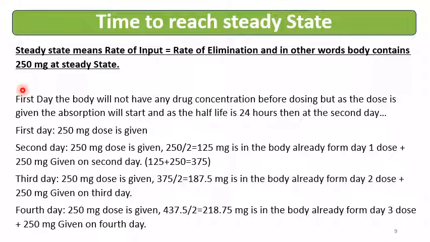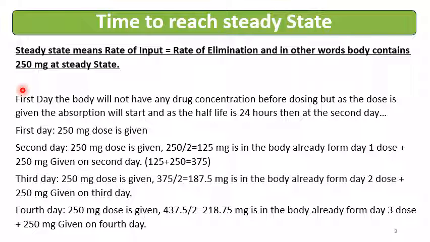At that time the subject's body will not have any of the drug, because you are administering the drug for the very first time. Once the dose is given, the absorption will start and the half-life is 24 hours. Then on the second day at 8 o'clock you will give another dose.